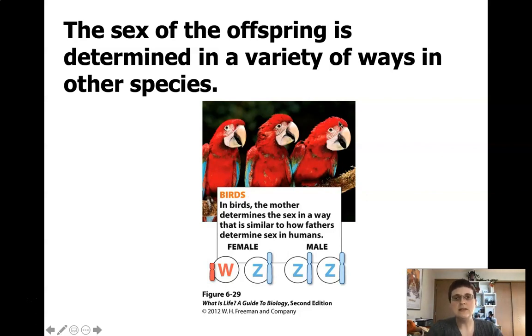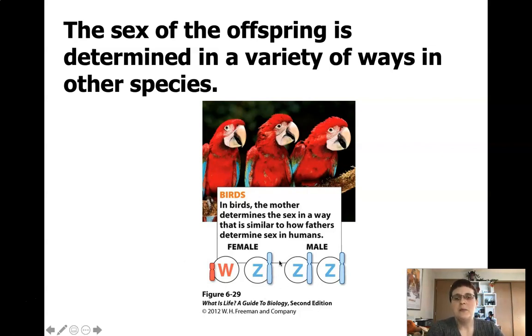In humans, males determine the sex. In birds, females determine the sex. In birds, males have two of the same sex chromosome, and females have two different chromosomes. Now you'll see that we've named them differently so that we can differentiate. So X and Y for humans, W and Z for birds.